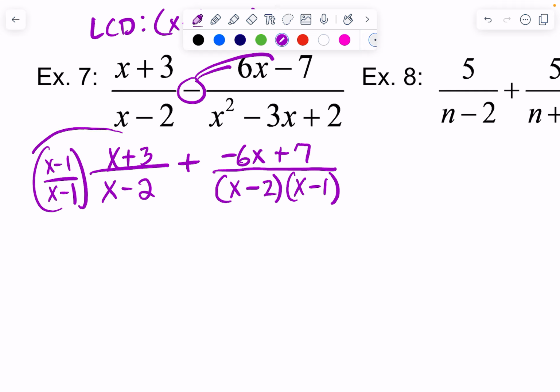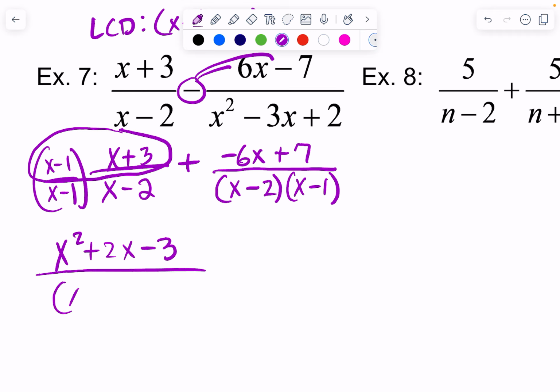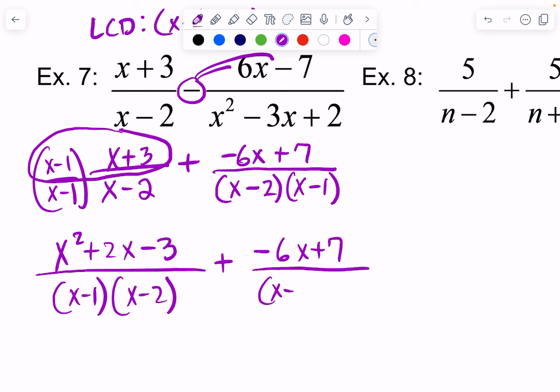Now I'm going to go ahead and multiply these. I'm going to FOIL. So I've got x squared plus 3x minus x is plus 2x minus 3 over x minus 1 times x minus 2, plus a negative 6x plus 7 over x minus 2 times x minus 1.